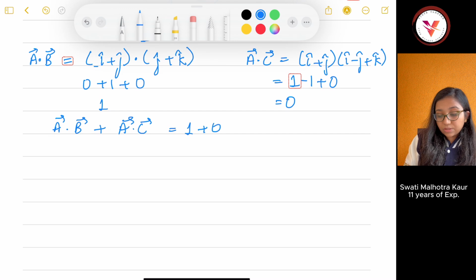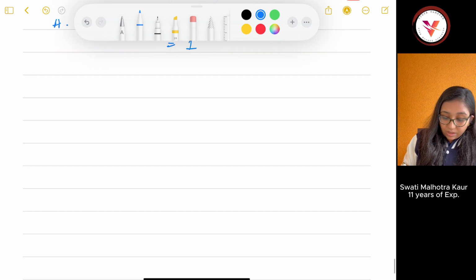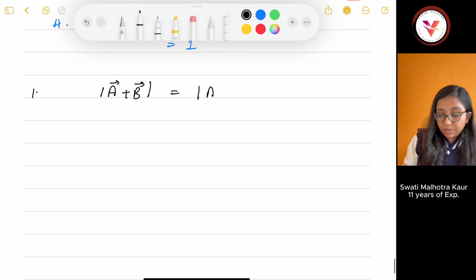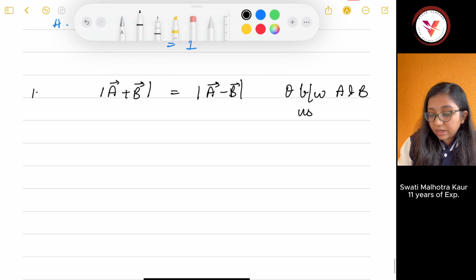Okay. So now let's move to the tip, which is important. The tip was: magnitude of A plus B is equal to magnitude of A minus B, then theta between A and B is 90 degrees.